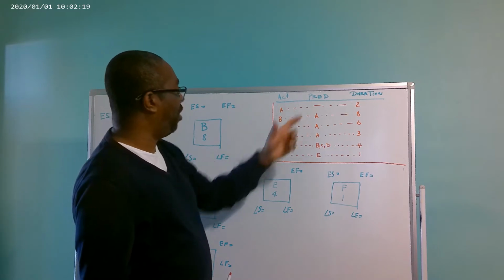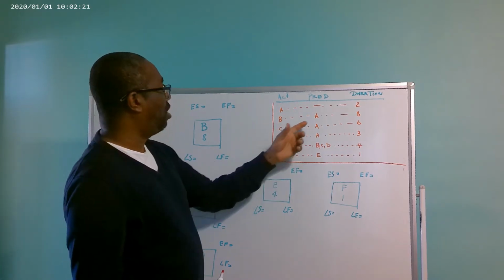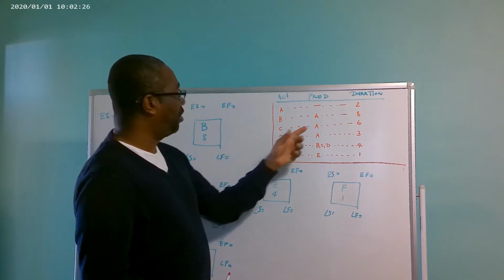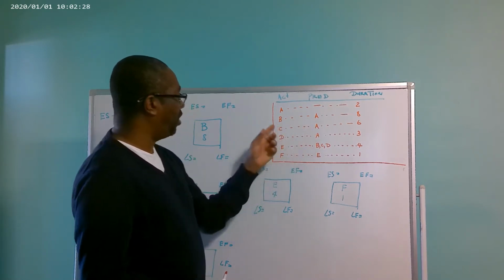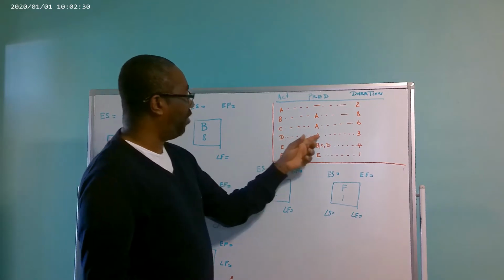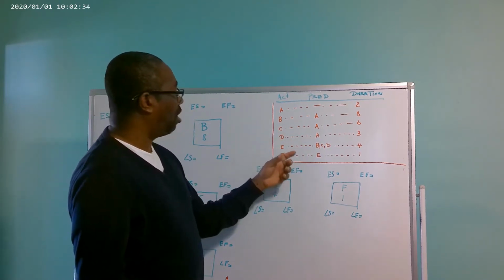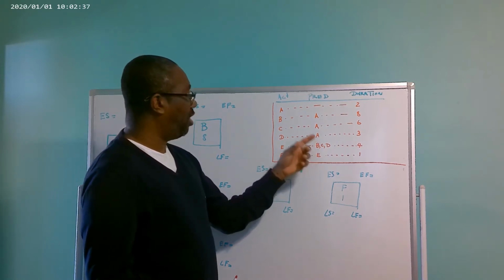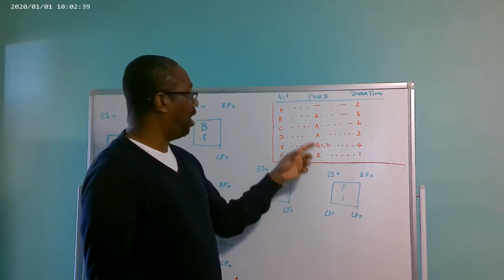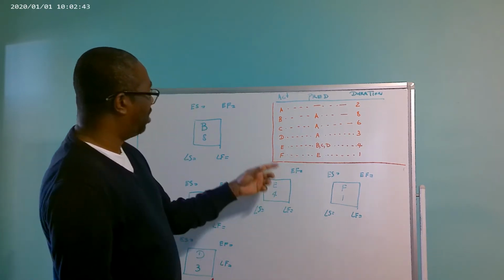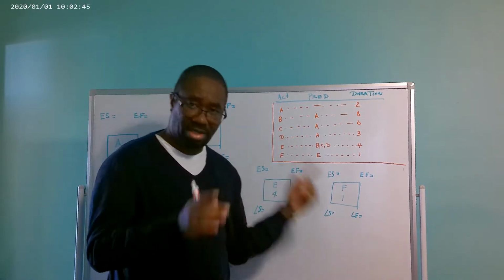B comes out of A, and A precedes B. C comes out of A, and A precedes C. D comes out of A, and A precedes D. E comes out of B, C, D, and activities B, C, D precede activity E. And activity F comes out of activity E.